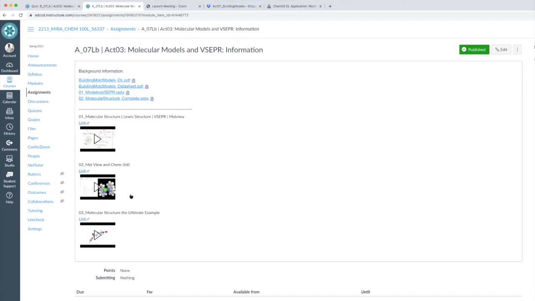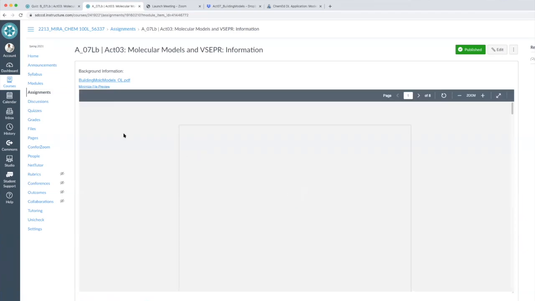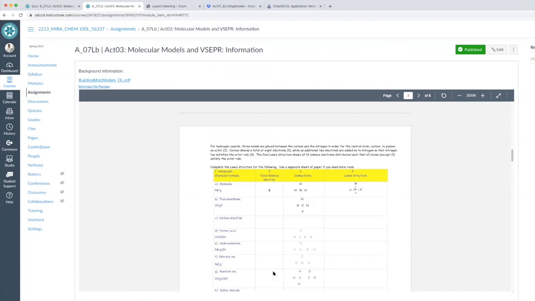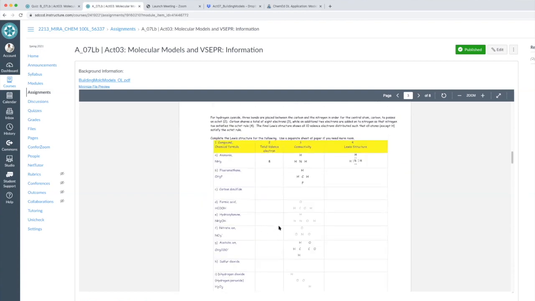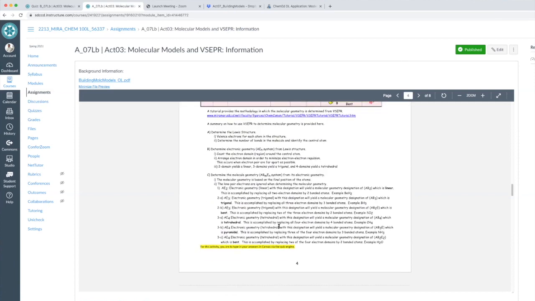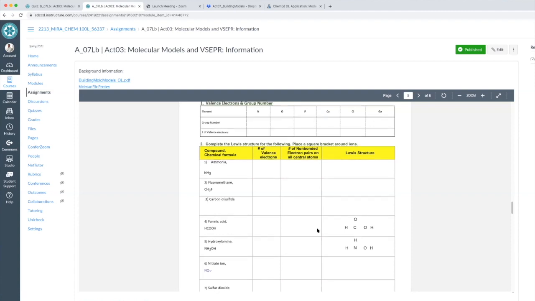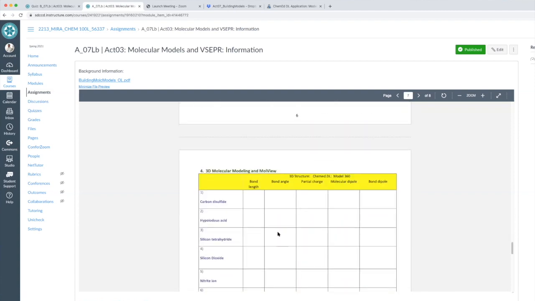It tells you about what needs to happen, but you also get to see the activity by clicking on that and doing a preview. These are what's going to be in the Canvas that you have to fill in. It tells you about Lewis structure, then talks about molecular geometry, and then you practice that.